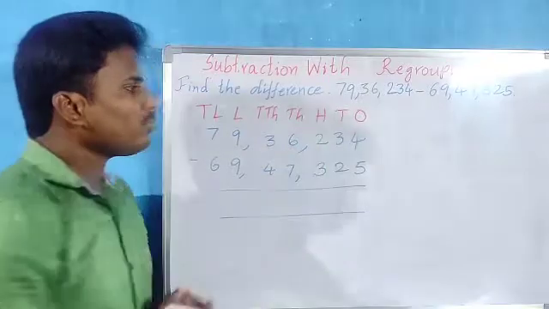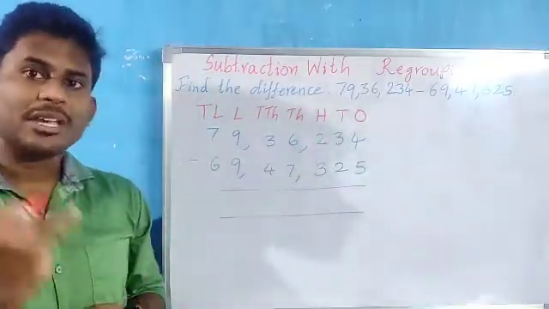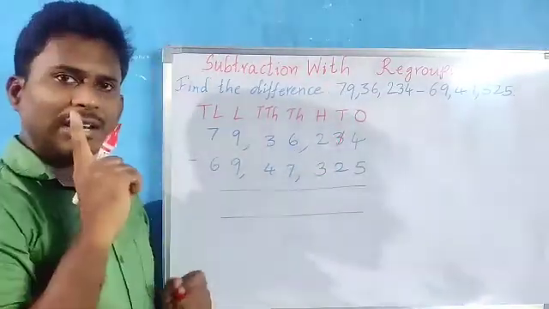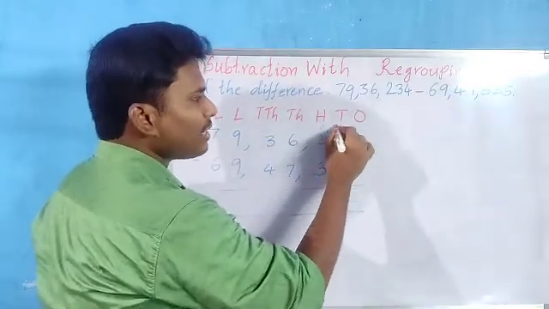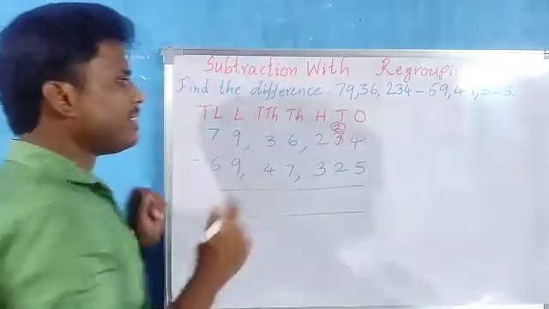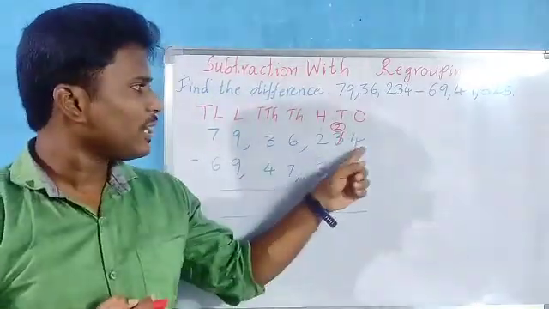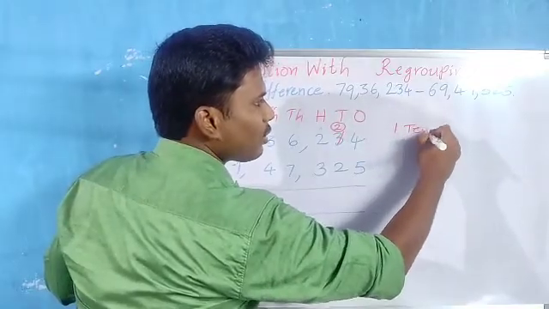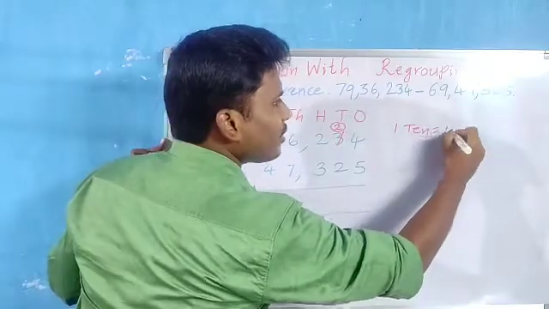We have to regroup from the tens place, children. How many tens are here, children? 3 tens. Now from 3 tens, I'll take 1 ten. Meaning I'll regroup 1 ten to here. When 1 ten is regrouped, we will have 2 tens here. 1 ten is regrouped to the ones place. 1 ten equals how many ones, as we learned in the previous classes? 10 ones.